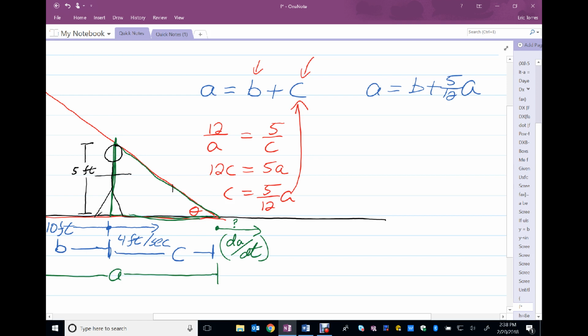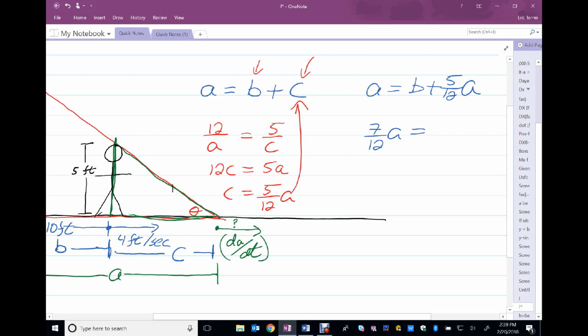I'm going to go ahead and take this equation and solve it for A. I'm going to subtract 5/12 A from both sides. So I have 1 minus 5/12 is 7/12.